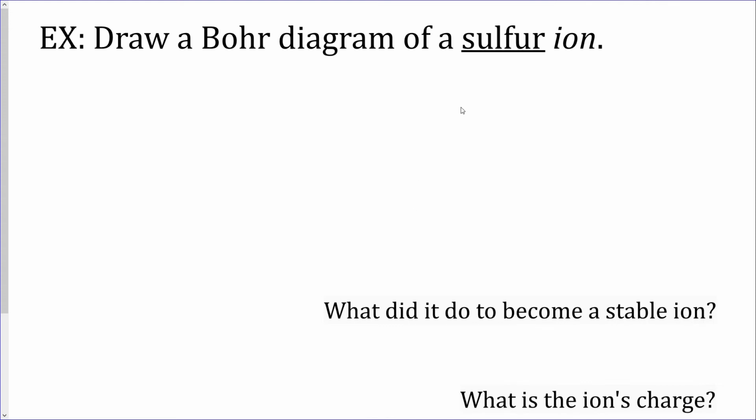All right, this one's a little bit different for 2 reasons. We're drawing a Bohr diagram instead of a Bohr-Rutherford, and we're drawing an ion instead of an atom. So for sulfur, sulfur is atomic number 16, so I need to deal with 16 electrons. I'm not sure why I picked such a big one. So here's S. Remember, Bohr diagram, we put the element symbol in the middle, and we need 16 electrons. So following the 2-8-8 rule, we'd have 2 in the first orbit.